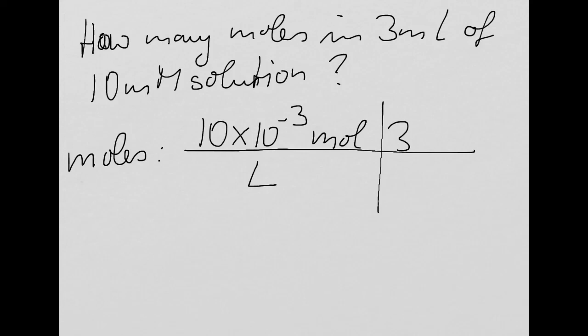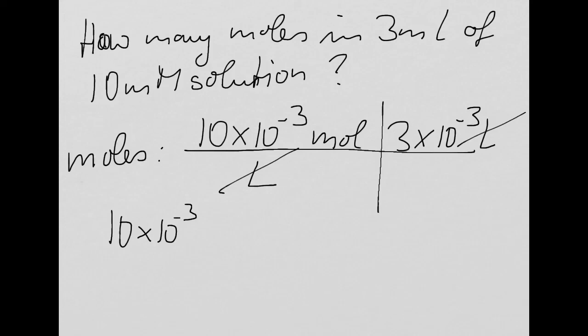3. What do I need to write? 3 times 10 to the minus 3 liter. Liter cancels out. So all I have left is 10 times 10 to the minus 3 mole times 3 times 10 to the minus 3.